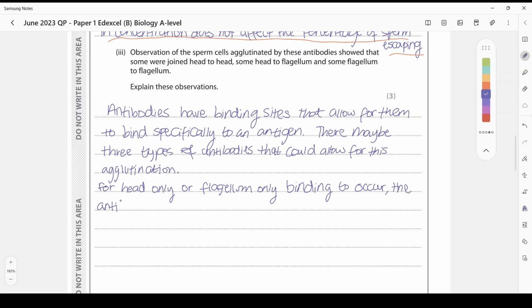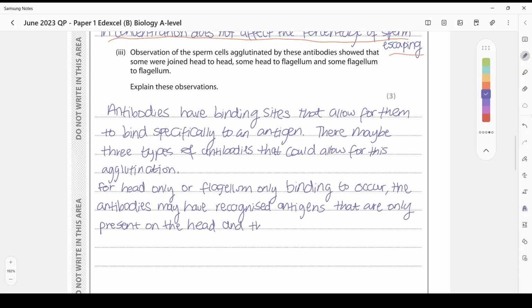They may have recognized antigens that are only present on the head and the flagellum.